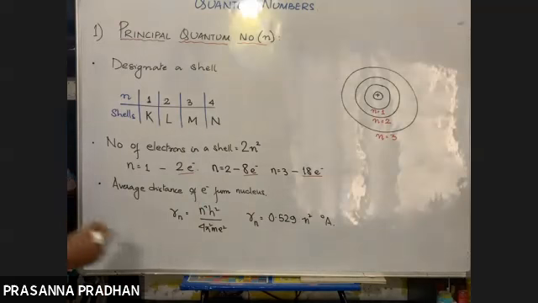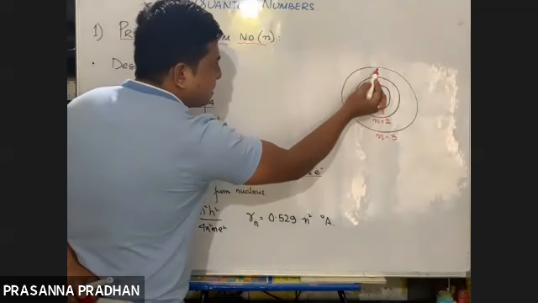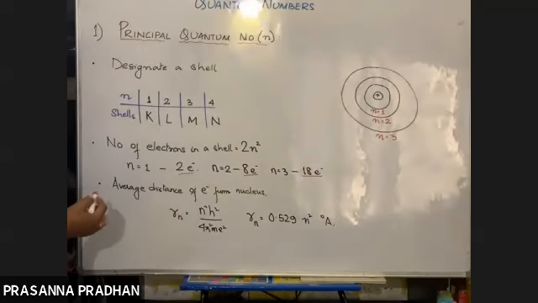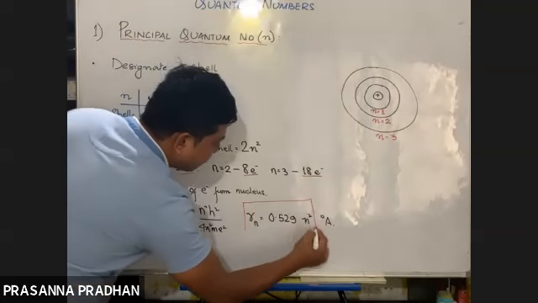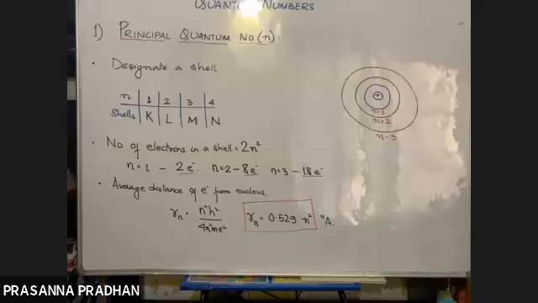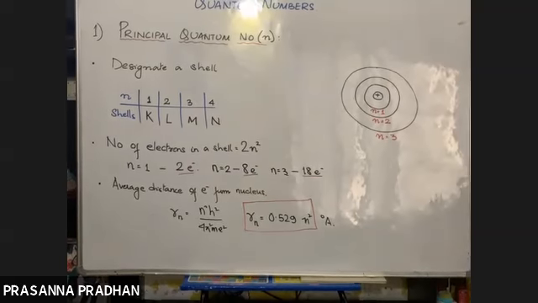So here also, the radius of any orbit, meaning the distance from the nucleus to a particular electron, can be calculated by using this formula. So the principal quantum number helps us to calculate the average distance of the electron from the nucleus by using this formula.